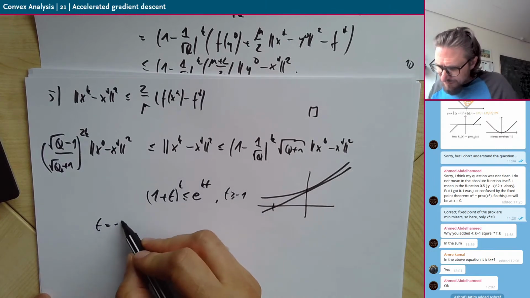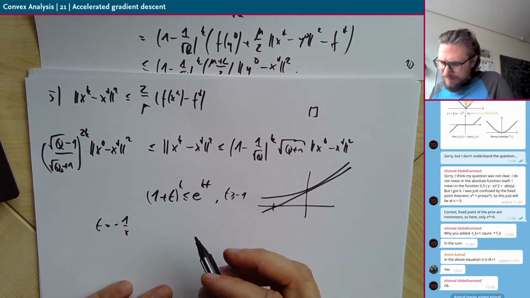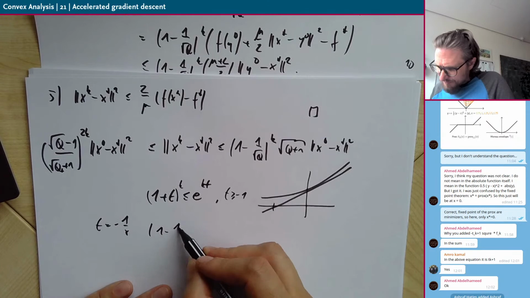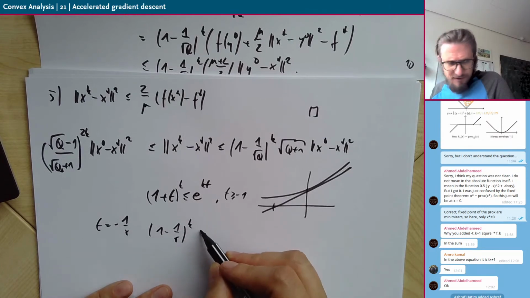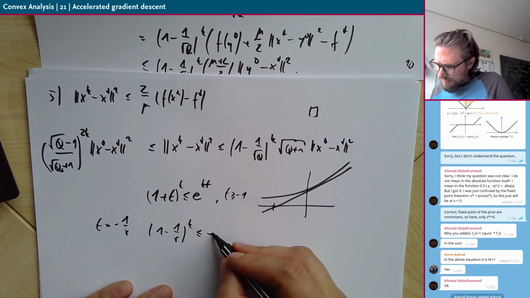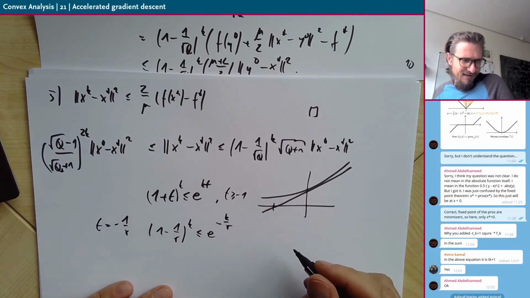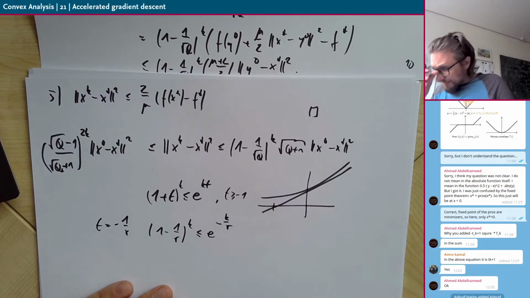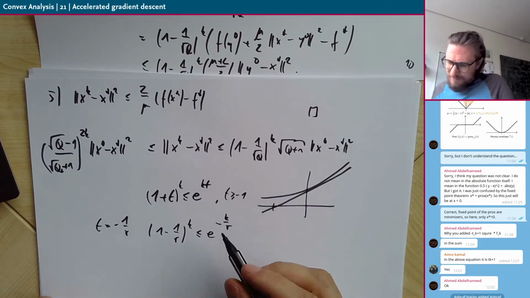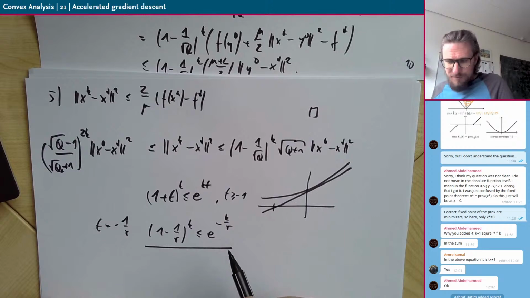And if we now take t as 1 minus r, then we get that (1 minus 1 over r) to the k is smaller or equal to e to the minus k over r. Okay, that's one consequence.